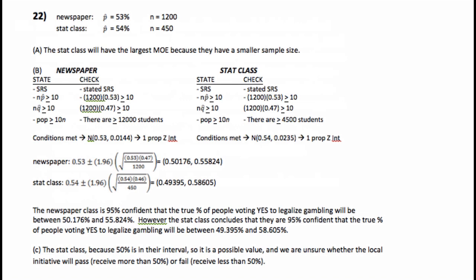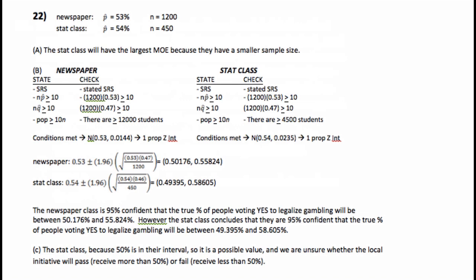However, the stats class concludes they are 95% confident that the true percent of people voting yes to legalize gambling will be between 49.395% and 58.605%. So for the stats class, because 50% is in the interval, it doesn't exceed 50% on both ends of the interval.